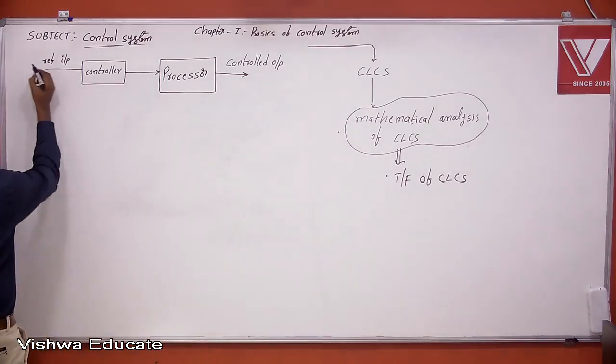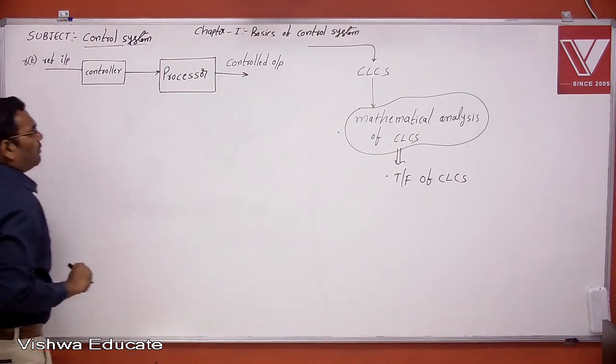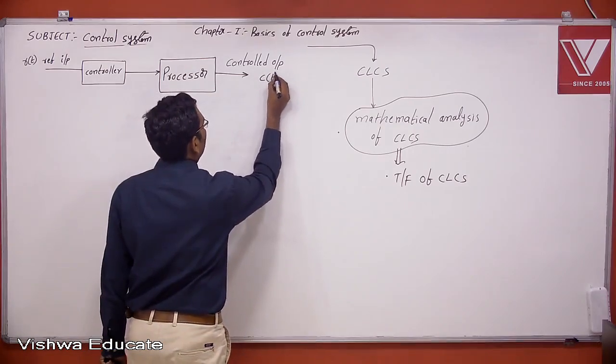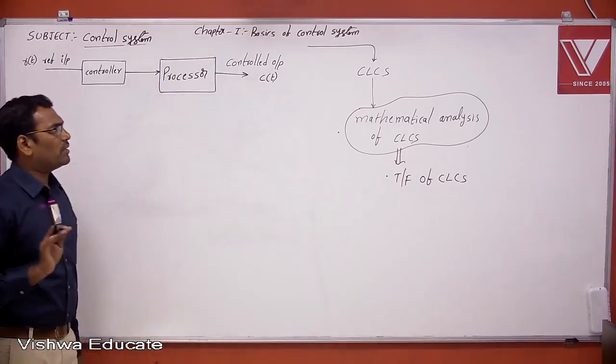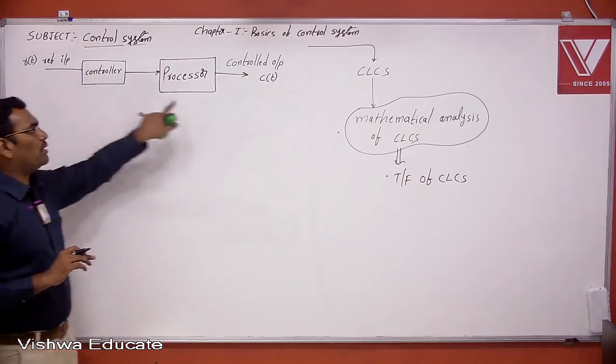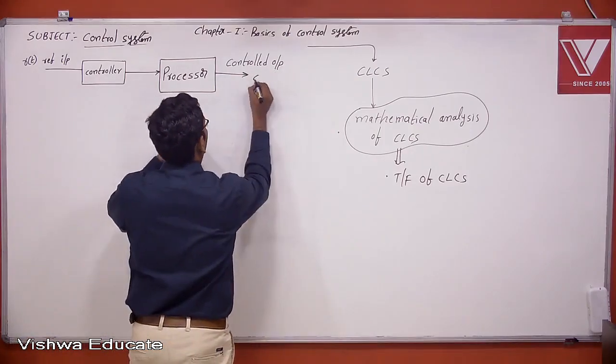This reference input I represent as R of t. This is controlled output, represented as C of t. This is fixed in our subject because in our control system, this is the reference input and this is the controlled output, which is C of t.